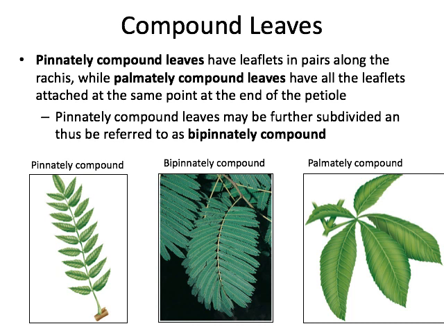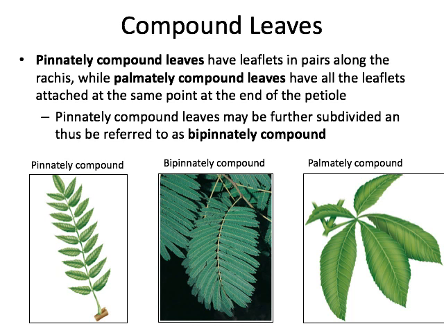Compound leaves can be further classified according to the arrangement of the leaflets. Pinnately compound leaves have leaflets in pairs along the central axis that is called the rachis. The rachis is therefore the main axis to which the leaflets are attached.